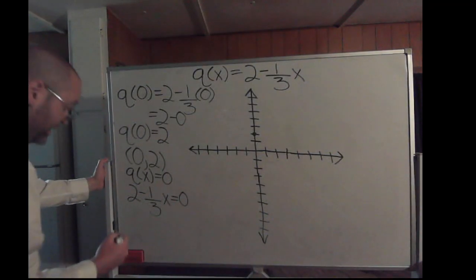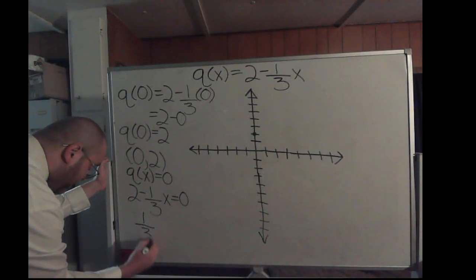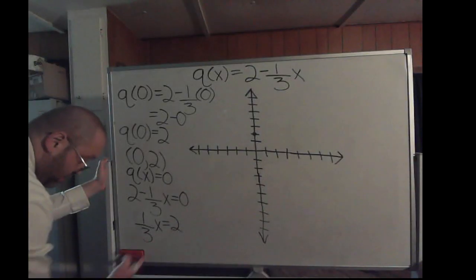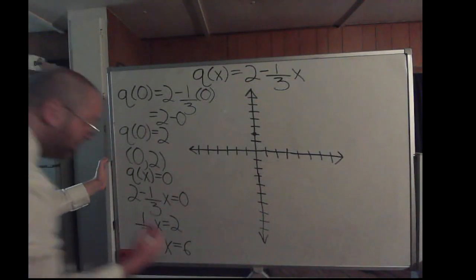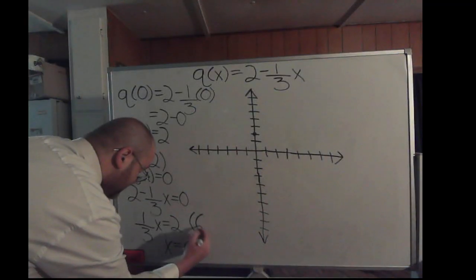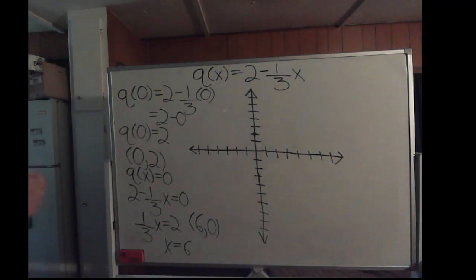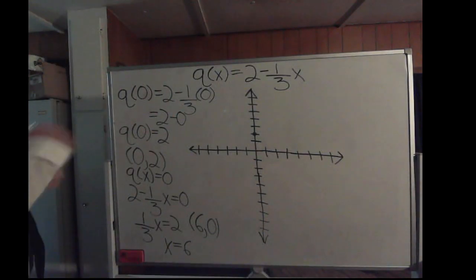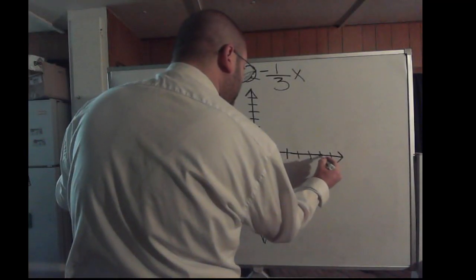Well, that means 1/3 x equal to 2, which means x would equal 6. So when y is 0, x is 6. So you get the coordinate 6, 0 as your second coordinate for your x-intercept. So let's go ahead, let's plot 6, 0, which would go right about there.